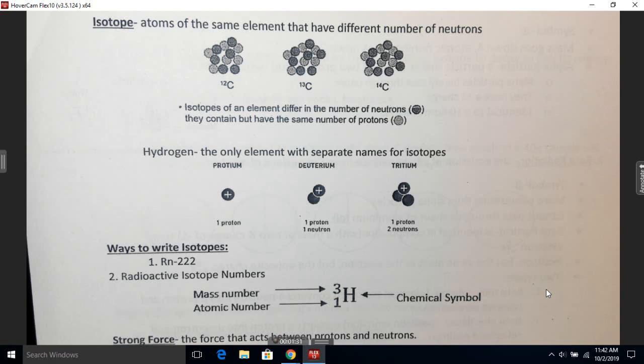How do we know the number of electrons? It's the same as protons. It's the atomic number. And y'all said the atomic number is the same as the protons. Okay? And so it's like that because these are all neutral. In a neutral atom, the electrons are equal to the protons.